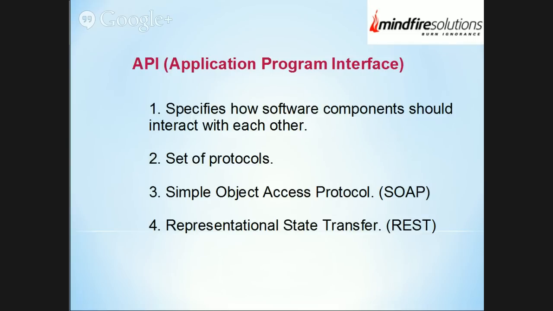An API is an interface between two systems or applications or anything. So it's basically a set of protocols for communication, like I said. So here we'll be discussing SOAP and REST.